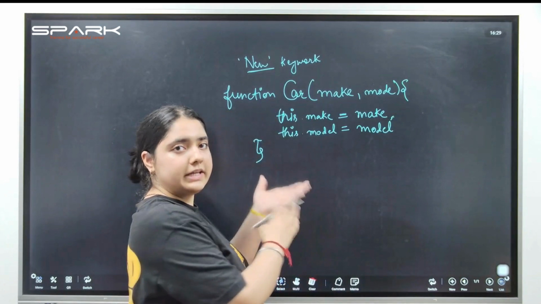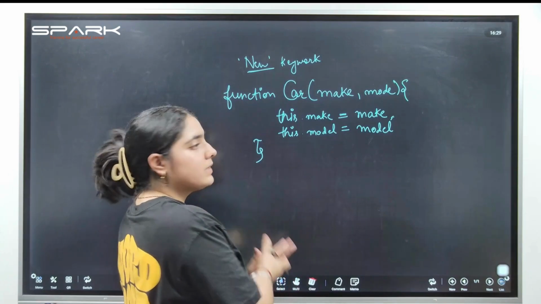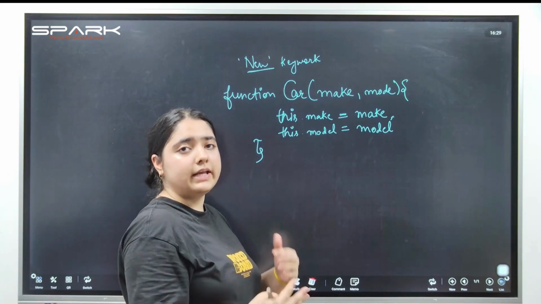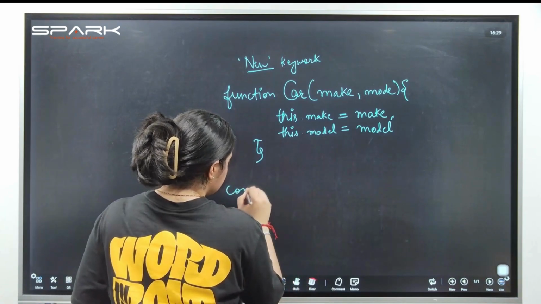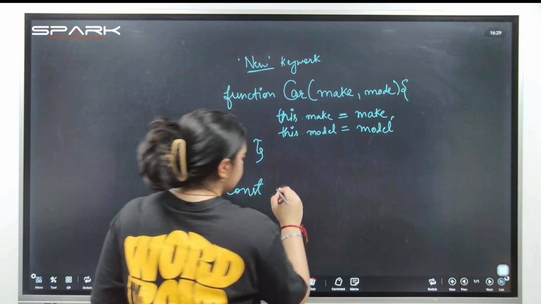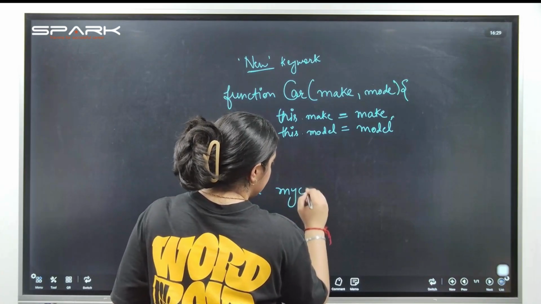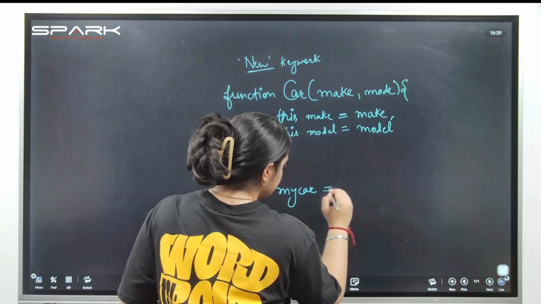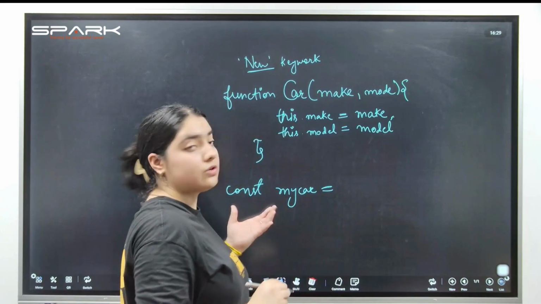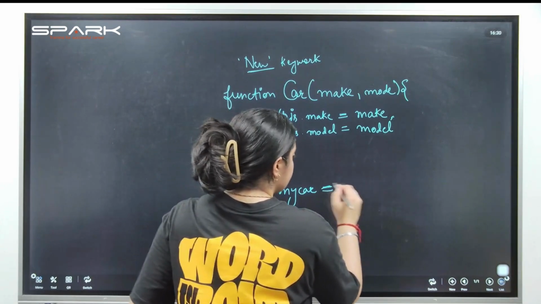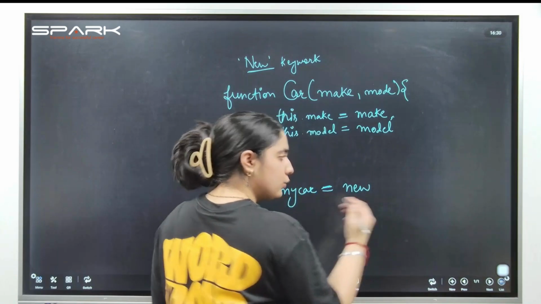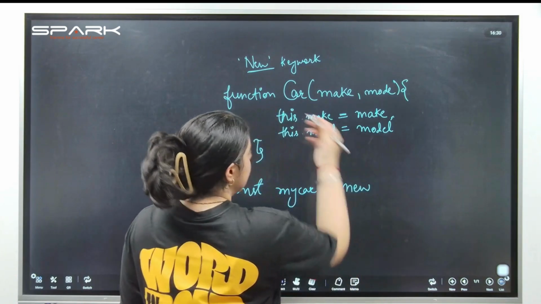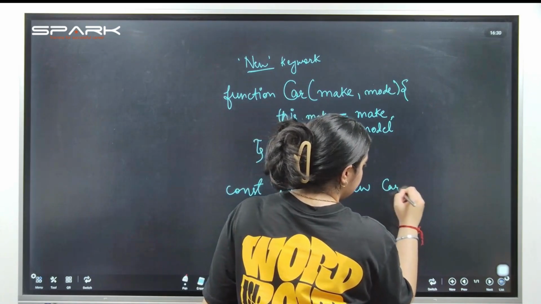My constructor is created. Once the constructor is created, now we will create an object for our constructor. For that we use const, and I am giving it the name myCar. I have defined myCar as a constant. For that I am using the new keyword and my constructor name.